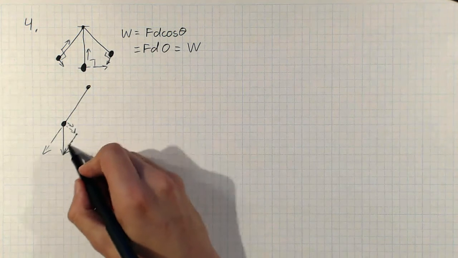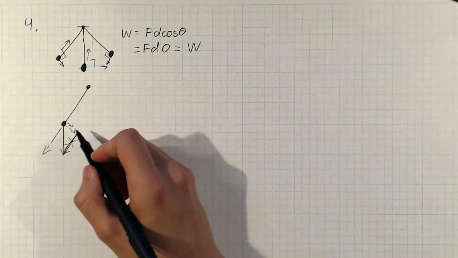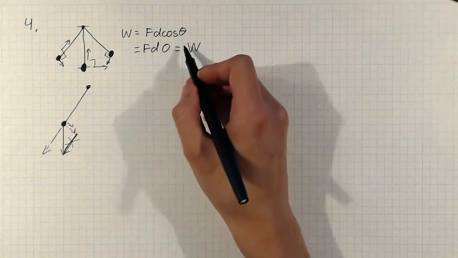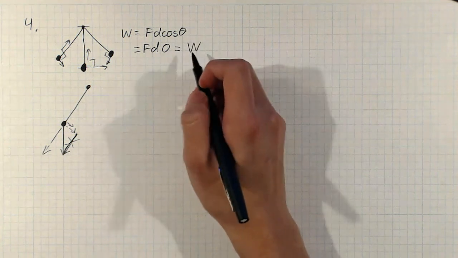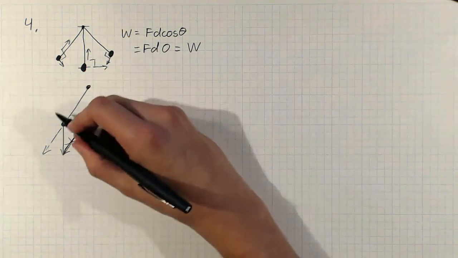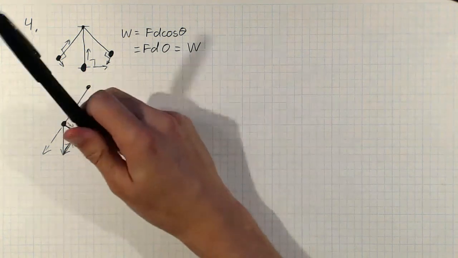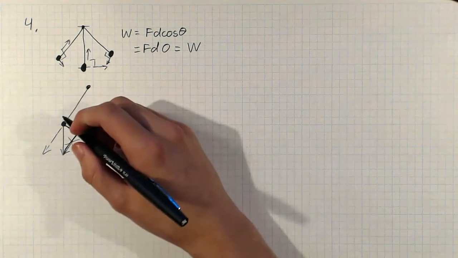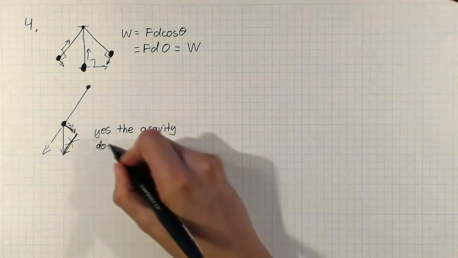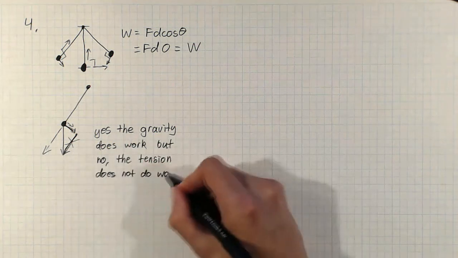So this component of the gravity is not doing any work because it's at a right angle, meaning the cosine of that angle is 0, meaning the work done is 0. But this component of the gravity is doing work because it's in the direction of the motion. So the answer is yes, the gravity does work, but no, the tension does not do work.